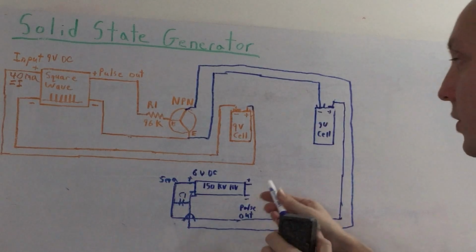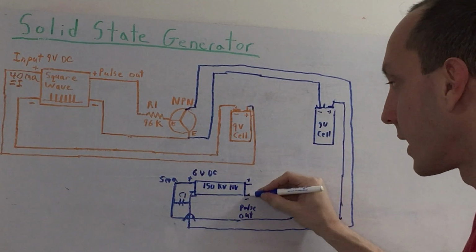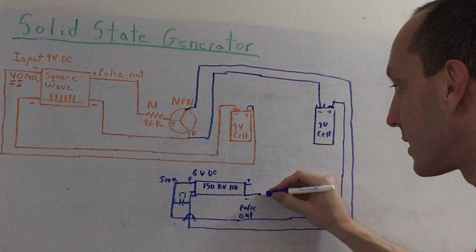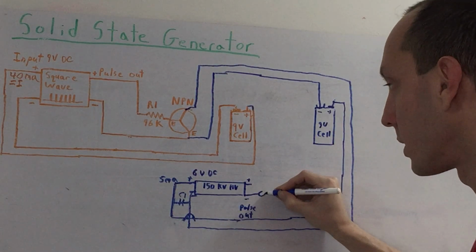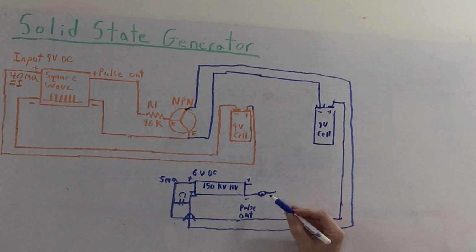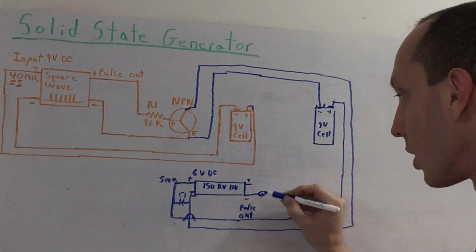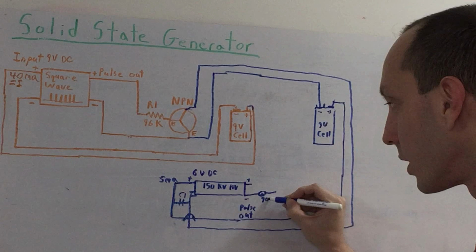I'm trying to find ways that are practical that could work for everyone here. So now that we have our output here, what I found works good here on the negative side is the gas discharge tubes. So you put a gas discharge spark gap tube. I find that the 90-volt ones are actually very good.